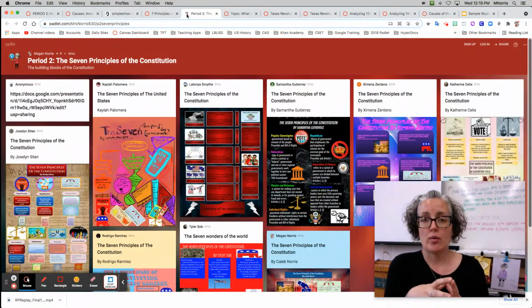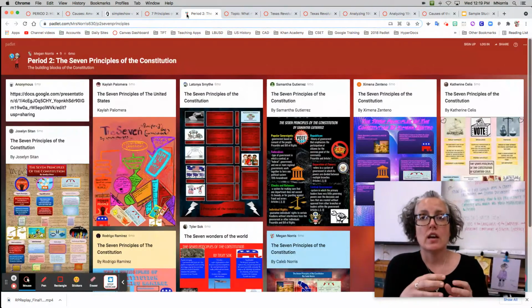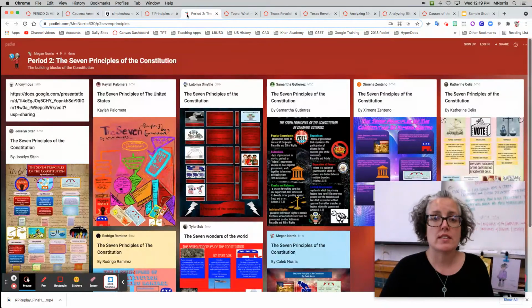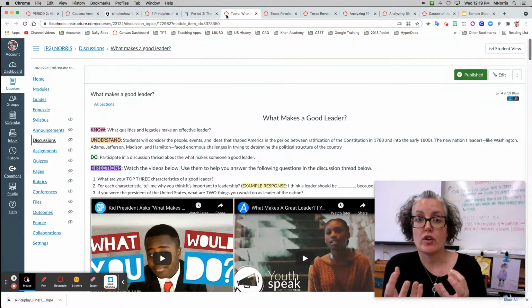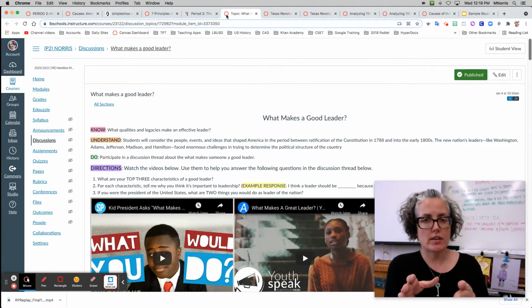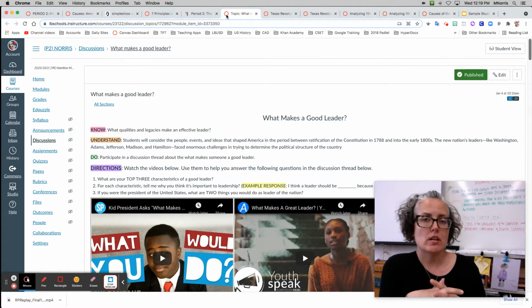From there, we moved into westward movement and the development of the United States into what we see today. One of the things that we had to cover was the first president of the United States. That really brought us into a discussion about what makes a good leader, because every leader had a different responsibility based on what was happening in the world during that time.